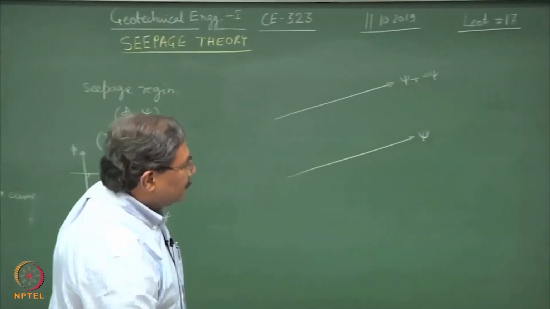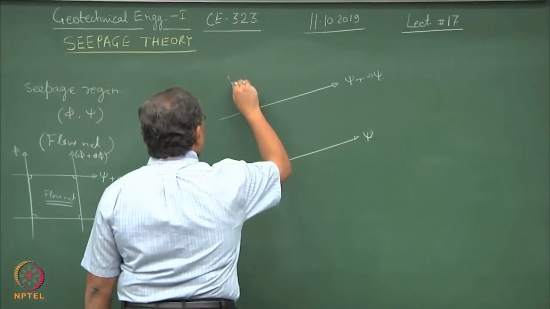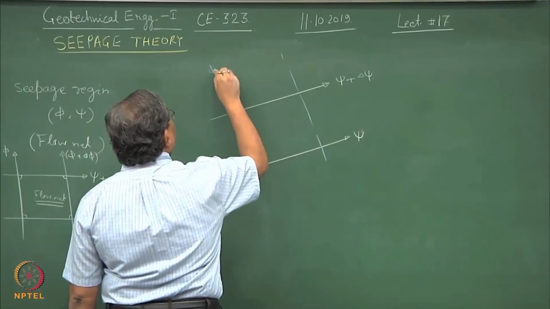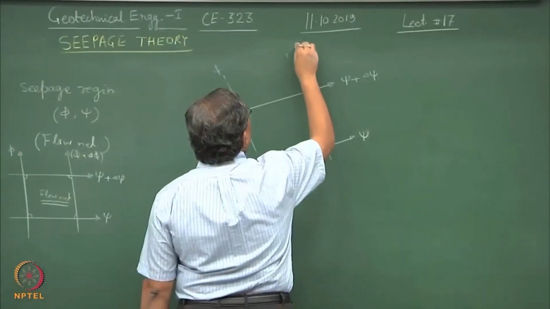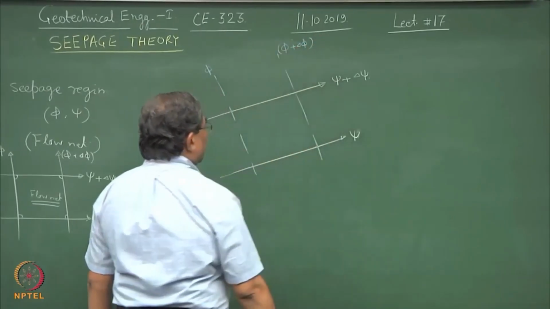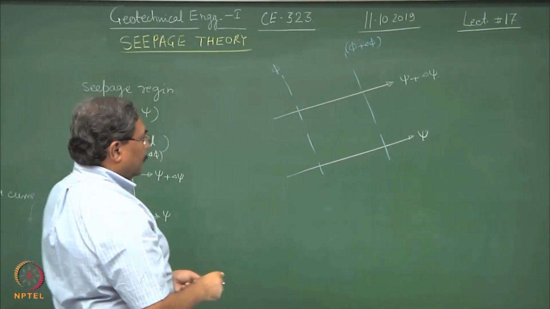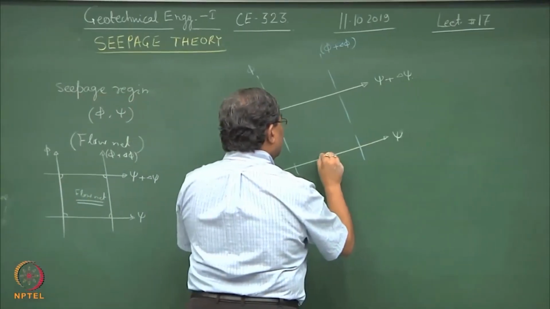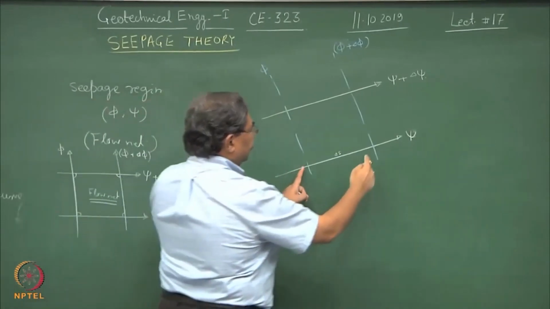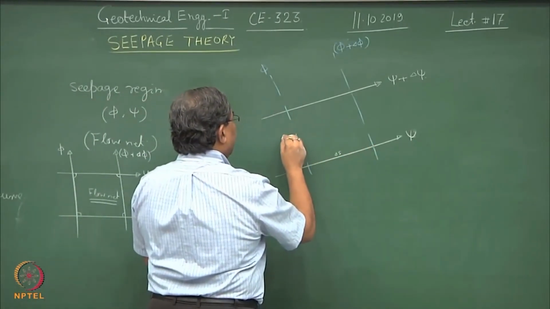Now, perpendicular to this would be the equipotential functions depicted as phi plus del phi, in such a manner that this is delta s distance and this is delta n.